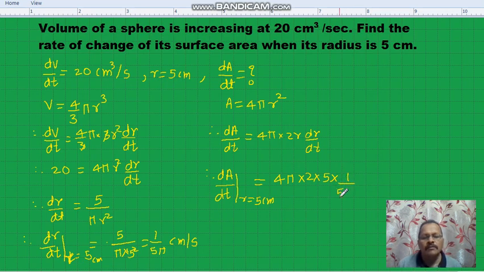The 5 cancels out, pi cancels out, 4 twos are 8 centimeter square per second, and therefore when volume increases at the rate 20 centimeter cube per second, the surface area increases at the rate 8 centimeter square per second.